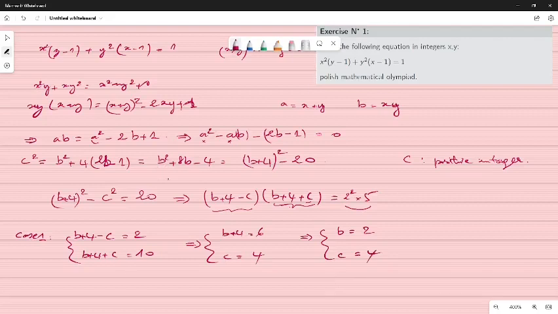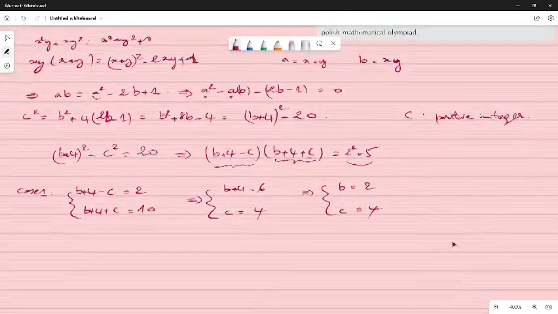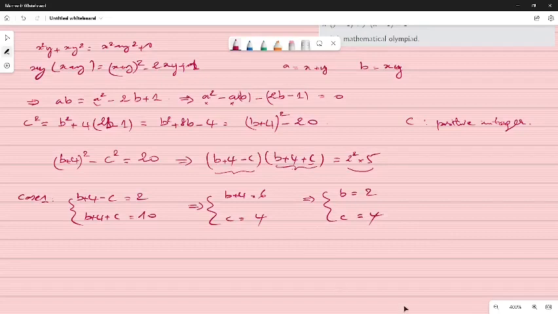Now we need to compute a. To do so, we must use the equation 1. So we have computed b, then we can solve for a.